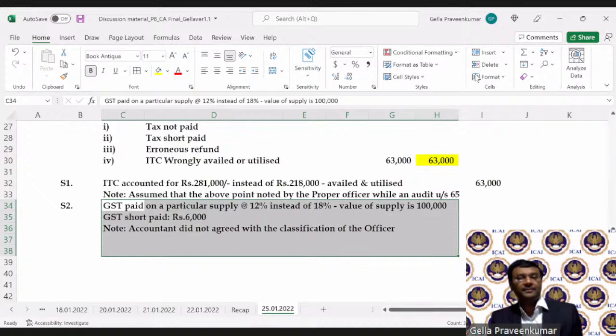Yes, actually. Now, for this second entry, 73 or 74, what would be your answer? Vishal says 74, okay.